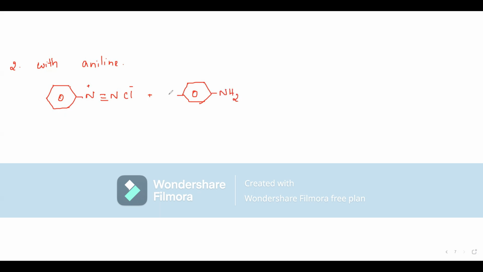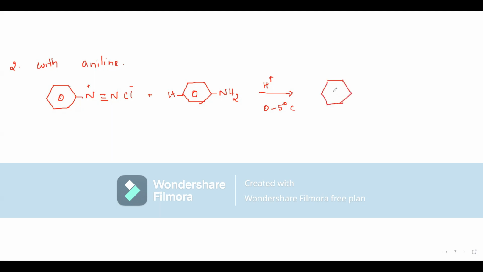We need to remove the para hydrogen of aniline. This reaction requires acid medium. Point to be noted: phenol's reaction happens in slightly basic or alkaline medium, whereas aniline reacts in acid medium.